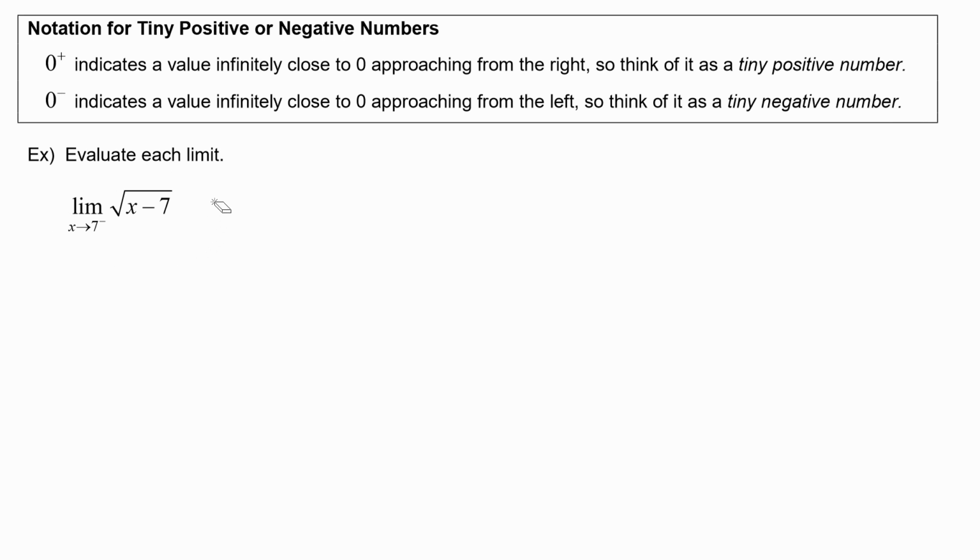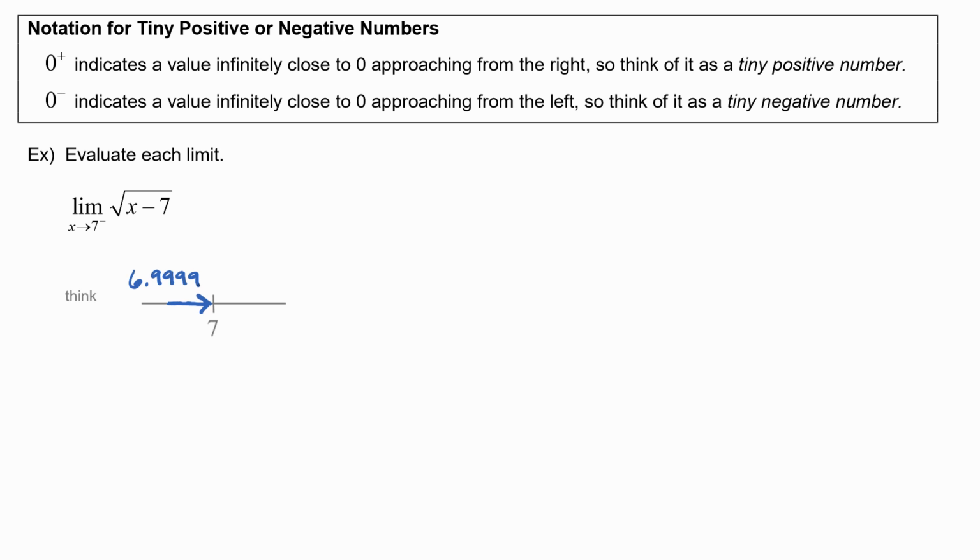Here we have to find the limit as x approaches 7 from the left of the square root of the quantity x minus 7. Because we're approaching 7 from the left, we're coming in from this side. You can think of it in your mind as 6.9999.